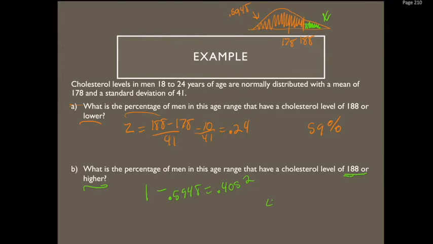So about 41. So 41% of men in this age range have a cholesterol level of 188 or higher. So the area over here was 0.4052. Remember, the entire area under a normal curve is 1.